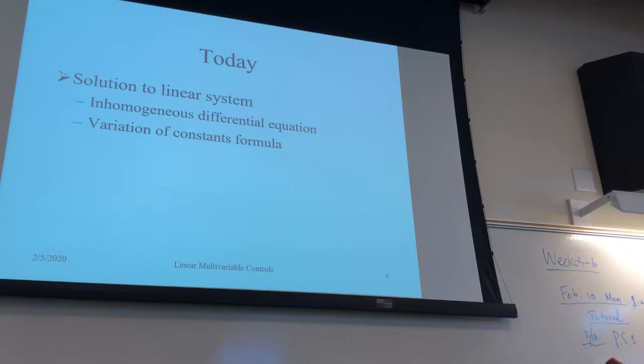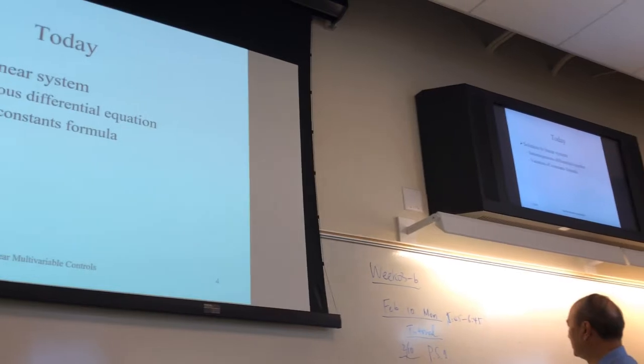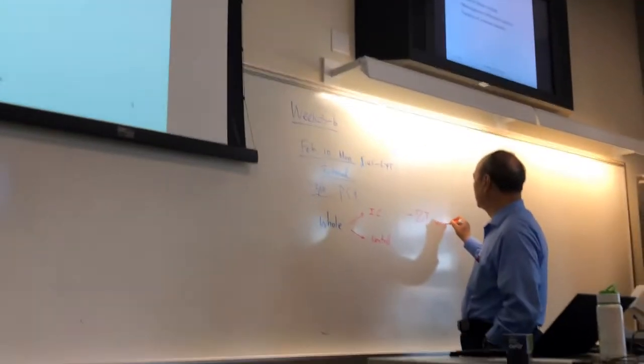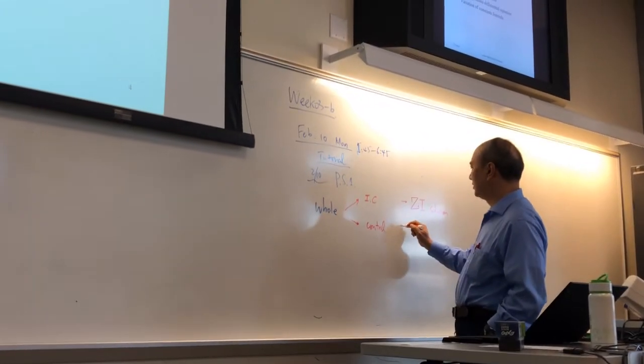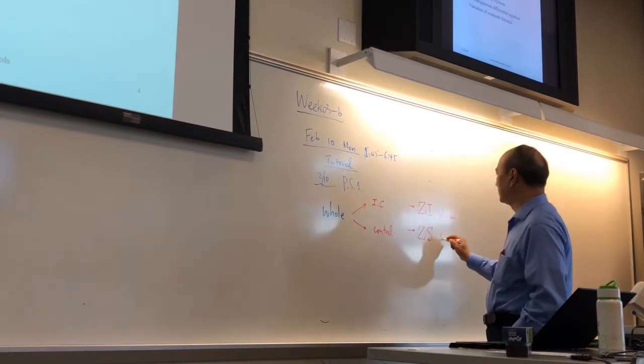When we say whole, that means 2 things: the response due to initial condition and the response due to the control excitation. This part is called the zero input solution, okay? This one is called the zero state solution, okay?